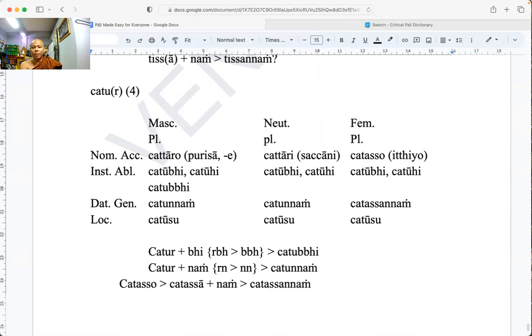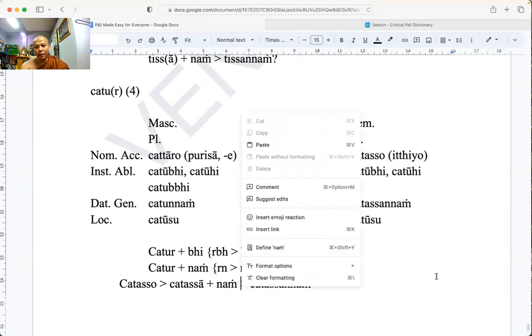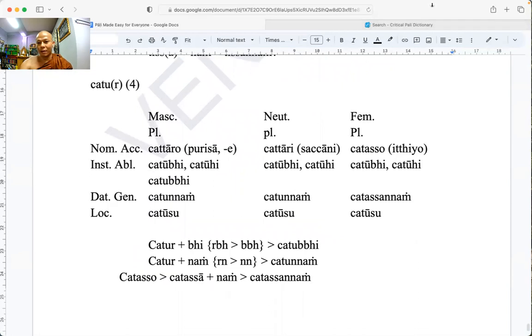So we can see it is somewhat irregular. Okay, so now time's already up.